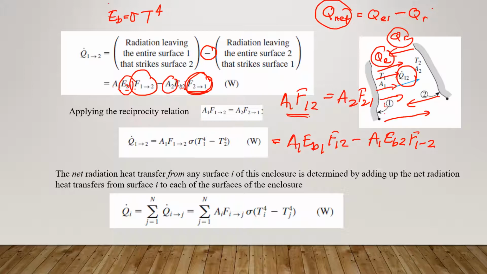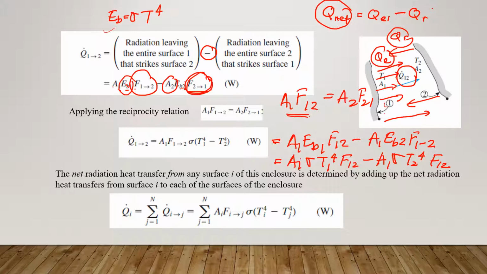This is the black body emissive power. Therefore we substitute: A1 Stefan-Boltzmann T1 to the power of 4 F1 to 2, minus A1 EB2, where the temperature will be T2, so Stefan-Boltzmann T2 to the power of 4 F1 to 2.